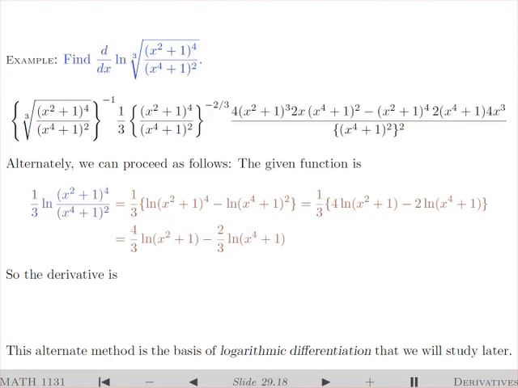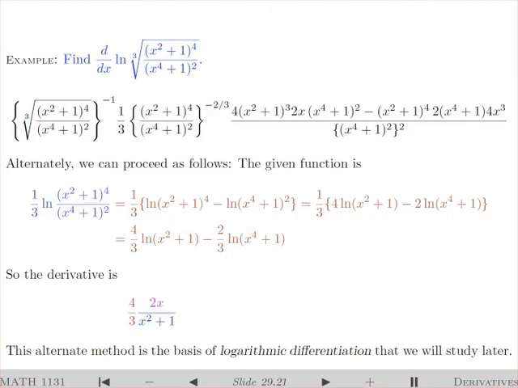In each of the two terms, I have a constant factor times ln. Constant factors stay as they are when I differentiate. To differentiate a logarithm, I take the reciprocal of the inside. So to differentiate ln of x squared plus 1, first I take the reciprocal of x squared plus 1, which gives me x squared plus 1 in the denominator. Multiply the derivative of the inside.